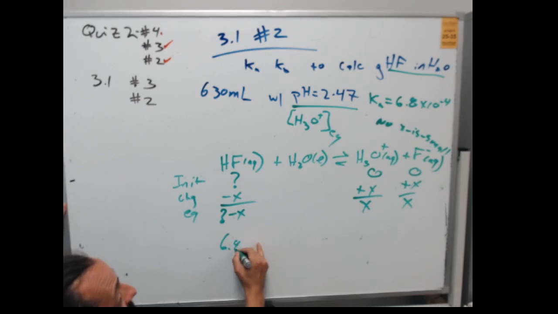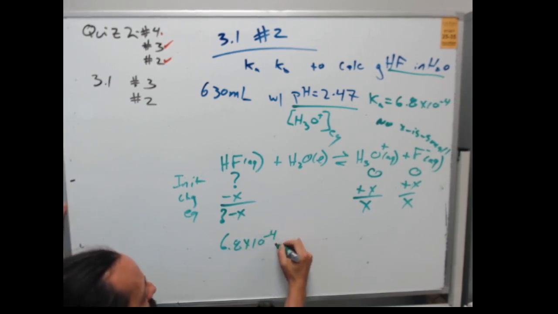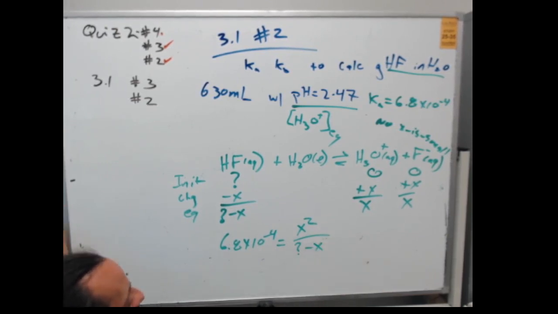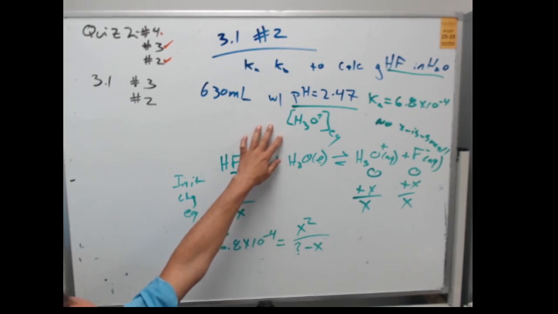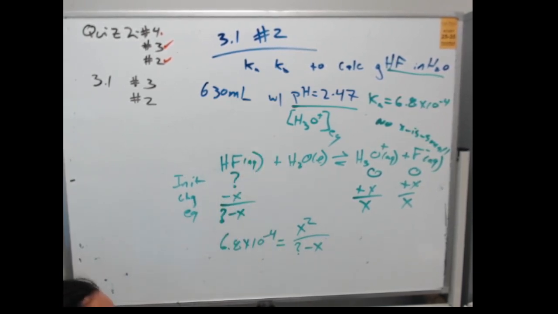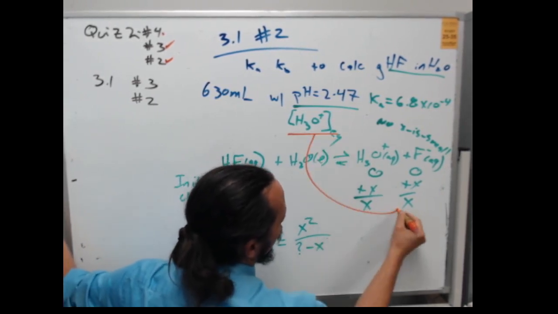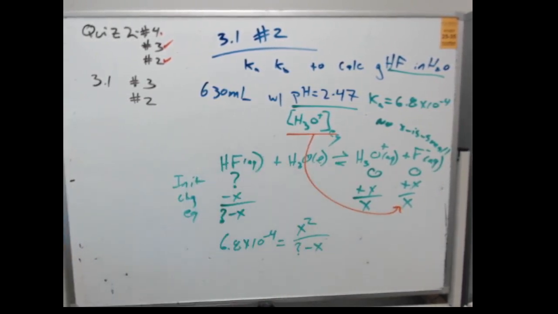I'm going to plug this all in. I'm going to have 6.8 times 10 to the minus 4 equal to x squared divided by question mark minus x. And we are in trouble if we don't know we can get the H3O plus concentration at equilibrium. The H3O plus concentration at equilibrium is x.